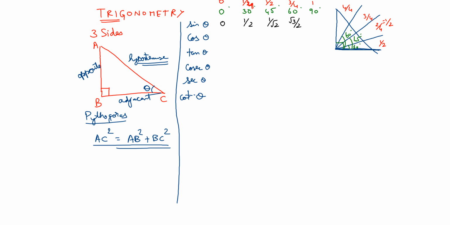The square root of 1 is 1, meaning sine 90 degree is 1. Now I am inverting the order. From 90 degree to 0, I am writing it in descending order: 1, root 3 by 2, 1 by root 2, 1 by 2 and finally 0. This is the value of cos theta.